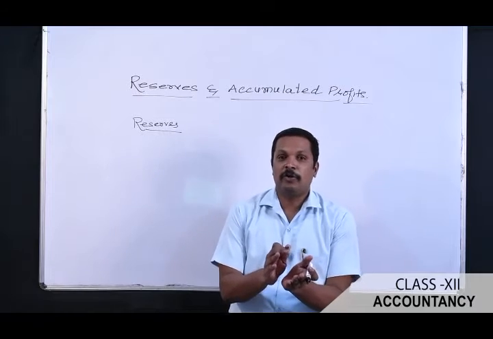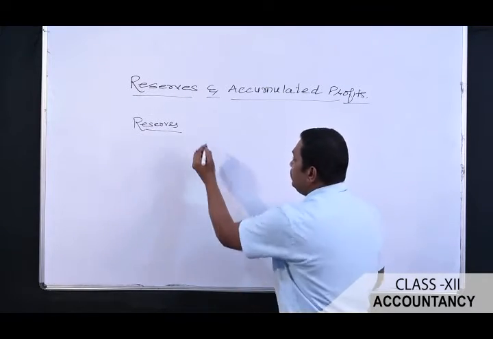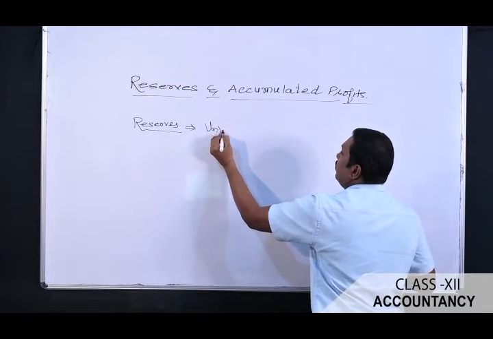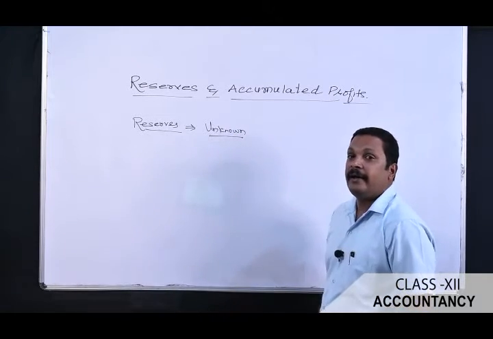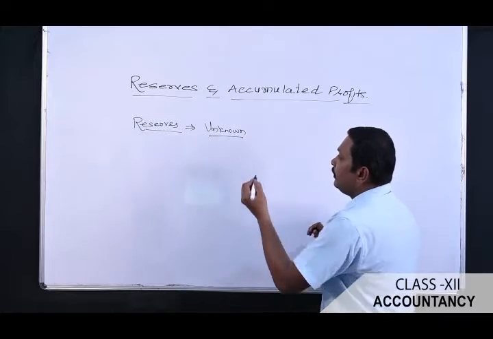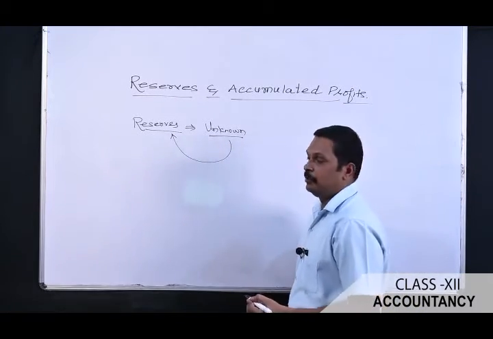It can be otherwise called an appropriation of profit maintained or created to meet unknown things which may arise in future. That amount is called reserve, undistributed profit.